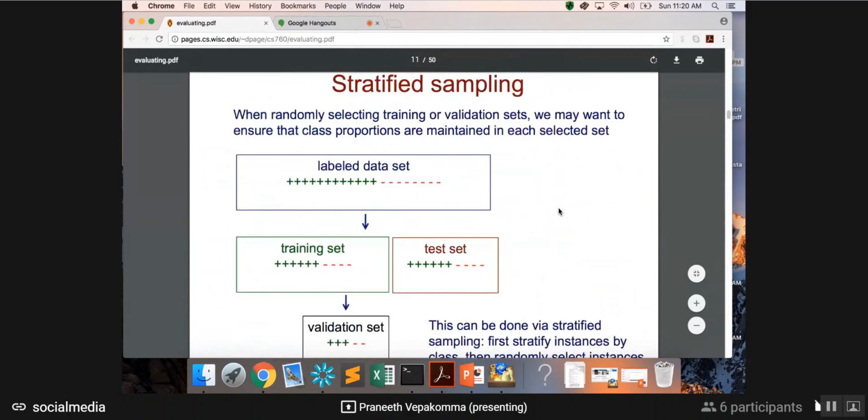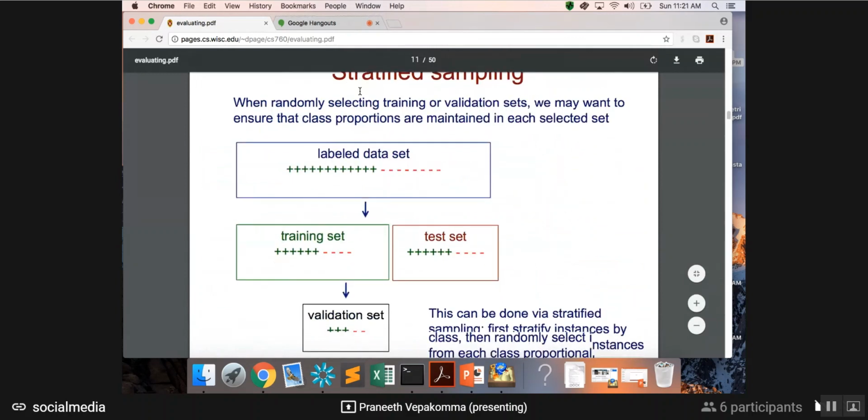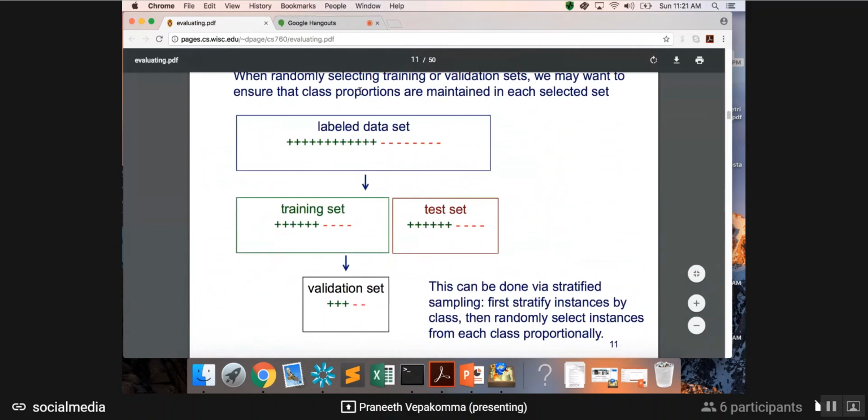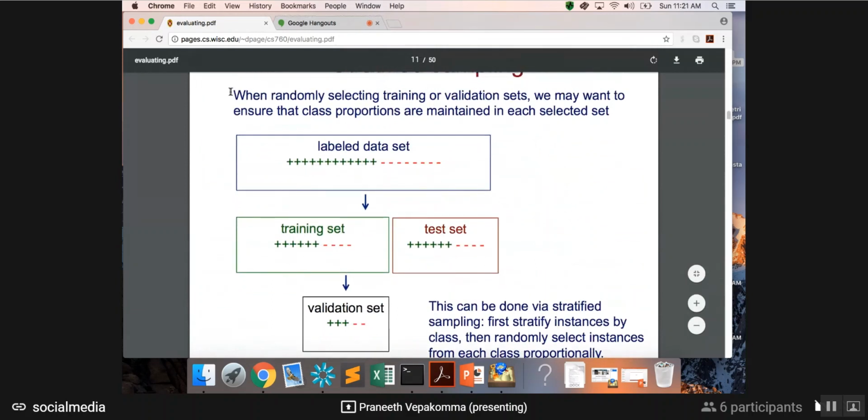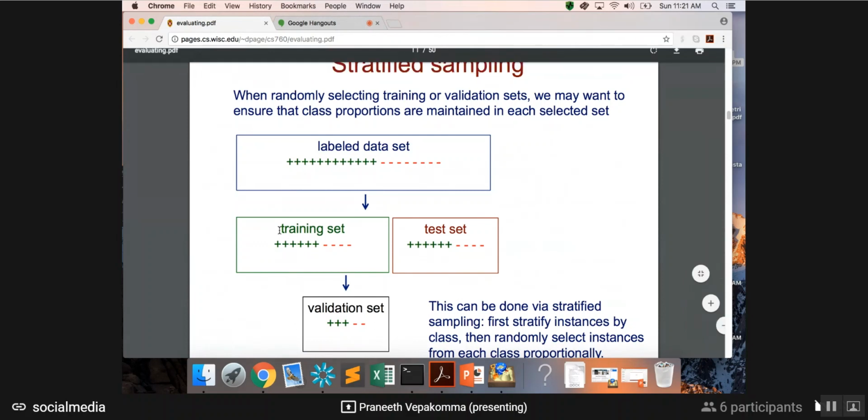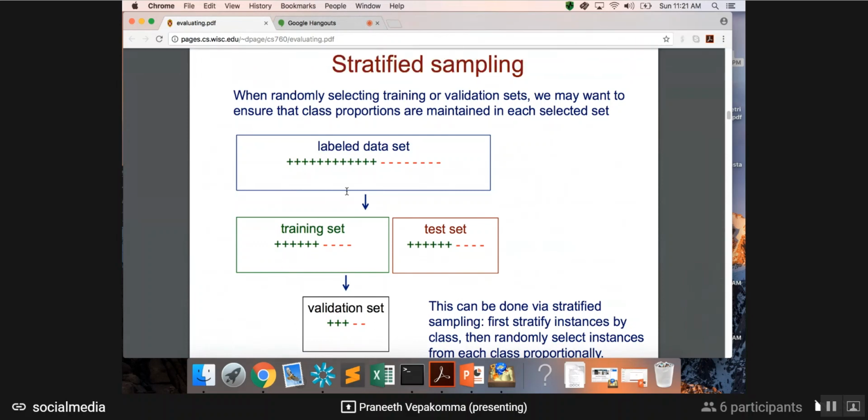Then there is stratified sampling. It's another kind of sampling where, say you had an unbalanced data set. When randomly selecting training or validation sets, we may want to ensure that the class proportions are maintained. If you have an unbalanced situation where one class has 90% of the records and the other class has very few records, then when you resample and generate your train test splits, since resampling means you can sample with replacement, you can do stratified sampling.